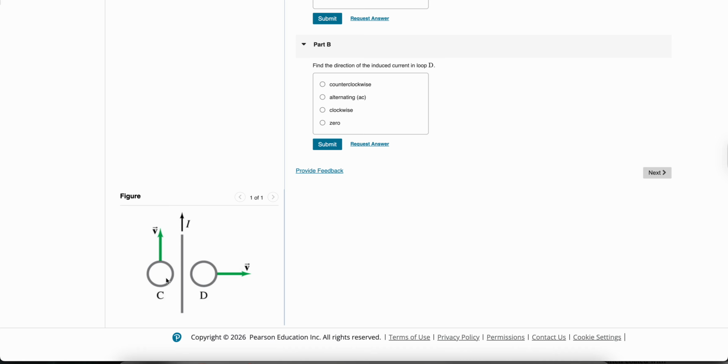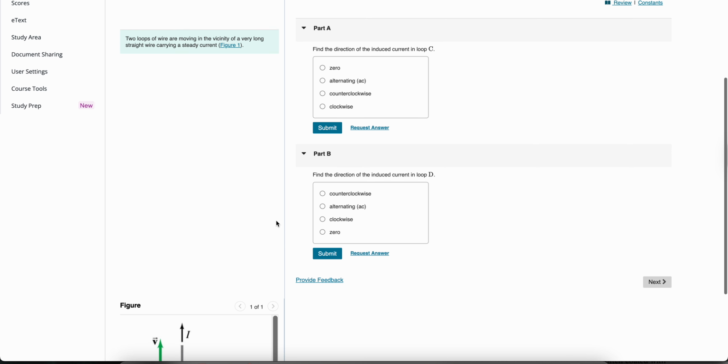It's creating a magnetic field on both of the rings, so therefore there's its own induced current because of Faraday's law, which is Lenz's law. It's a bigger idea of Lenz's law.